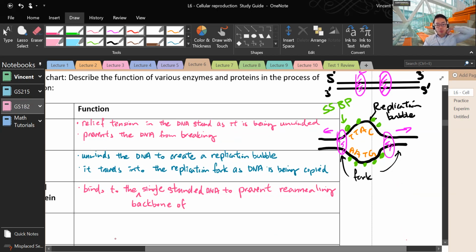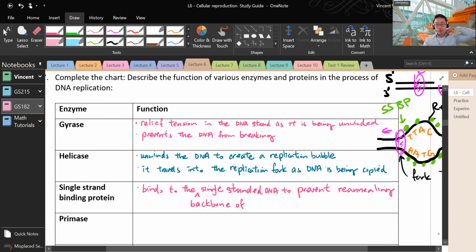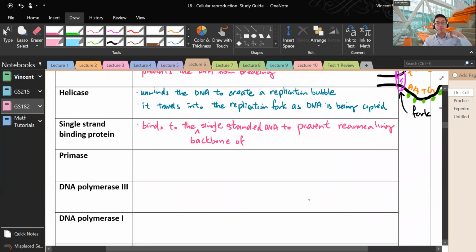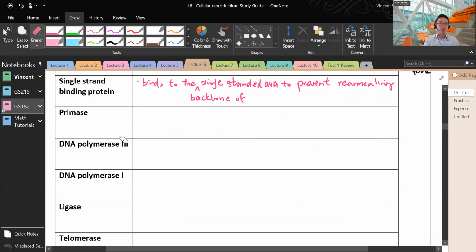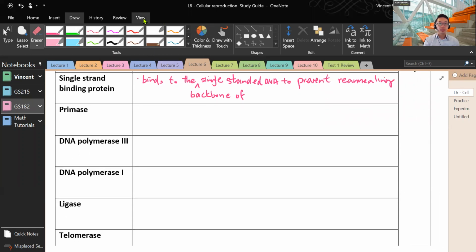Okay, so what's next? Well, then we have these things called primers. Now, I'm going to skip primers for now, and do DNA polymerase 3 first, and then I'm going to come back to primers. You will know why in a second. Let me zoom in here.